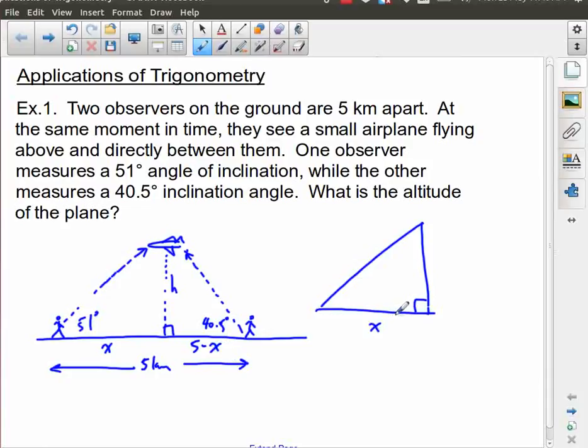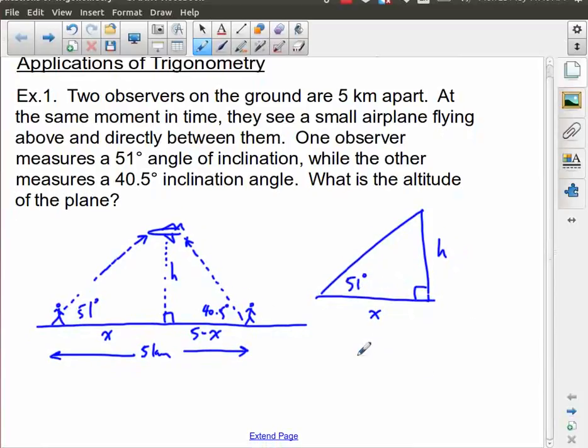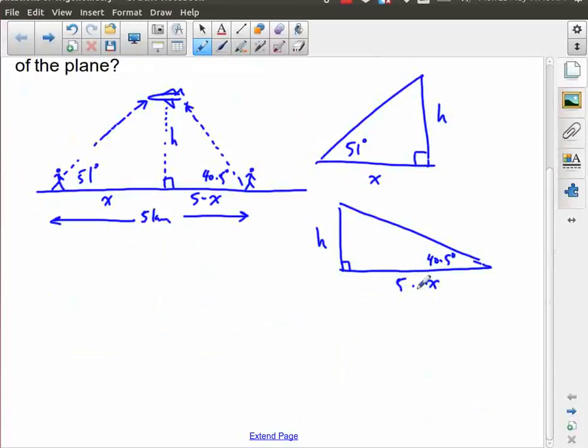So this triangle will be x, this will be my height, this will be 51 degrees. And then the other triangle, it's another right angle triangle. Here's my height. This one is 40.5 degrees, and this is 5 minus x, which is the length of this side.